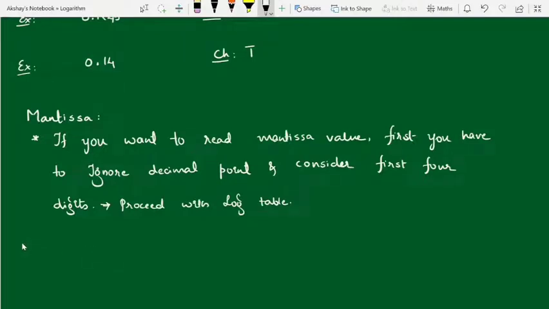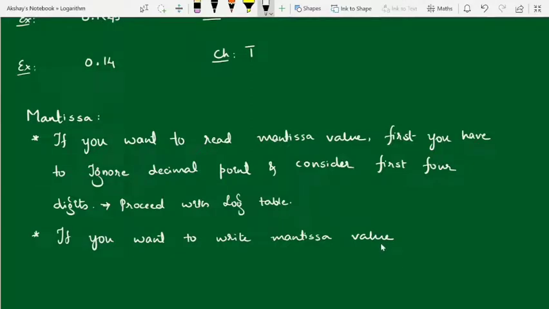Okay, and one more most important note over here. If you want to write the Mantissa value, listen, how and where we have to write it: you have to write this Mantissa value after the decimal point.